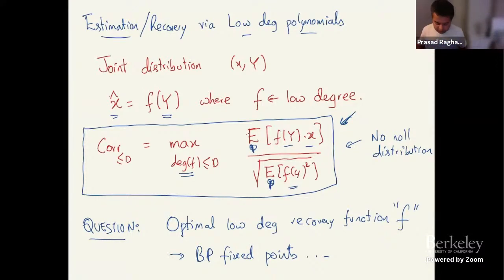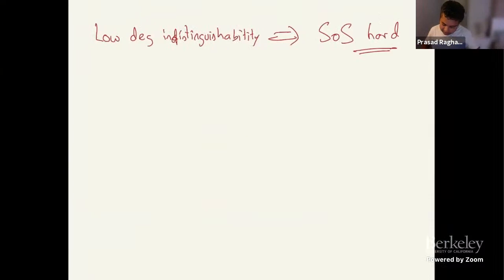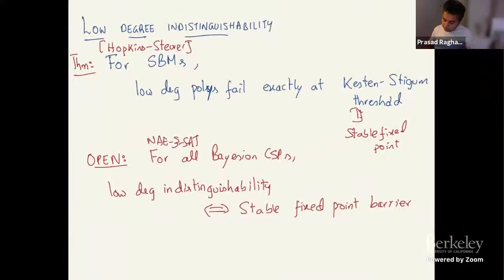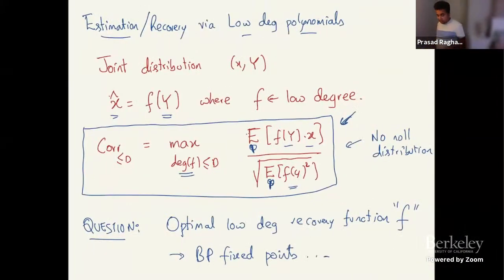In the earlier calculations that we did for detection, we had the null distribution Q, and we moved all the calculation to the null distribution. The null distribution was nice because it was a uniform distribution, and under the uniform distribution it's easy to find an orthonormal basis for low degree polynomials. That's Fourier analysis or Hermite analysis or all the things that we have.